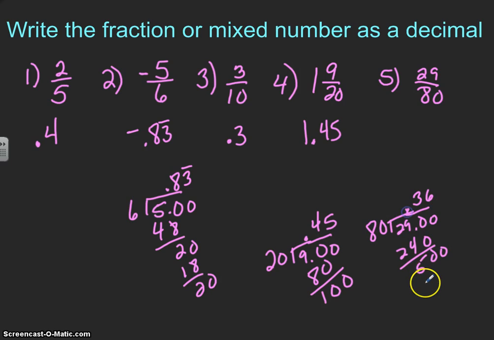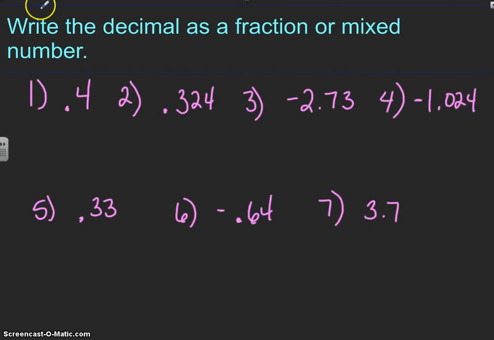Okay, there's a decimal there. That's 480. 20. 8 goes into 20 2 times. It's going to be 160. 40. Bring down the 0. 8 goes into 40 5 times, and that's going to be 400. So that's 0.3625. Okay, moving on.